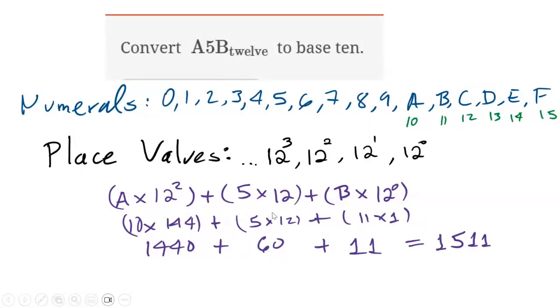Next, I do 5 times 12, which is 60. And the digit of the ones, or the units, is B times 1, which is 11 times 1. Follow your PEMDAS and do the multiplication: 1,440, 60, and 11.